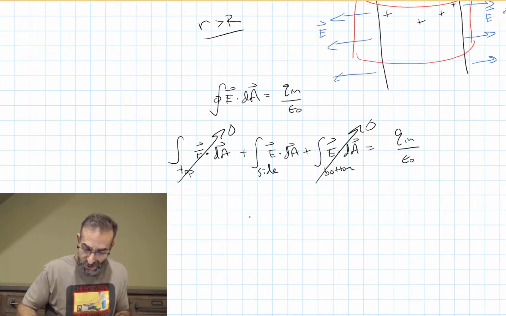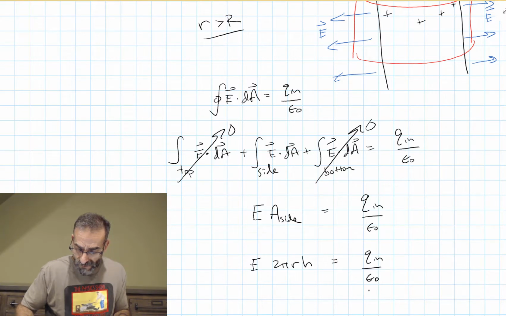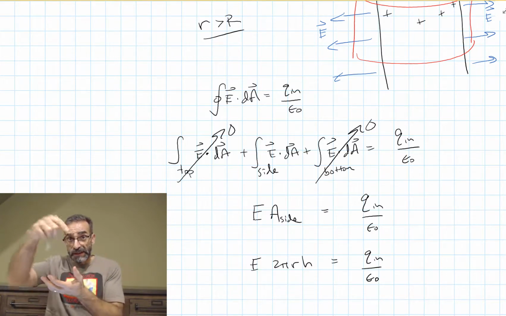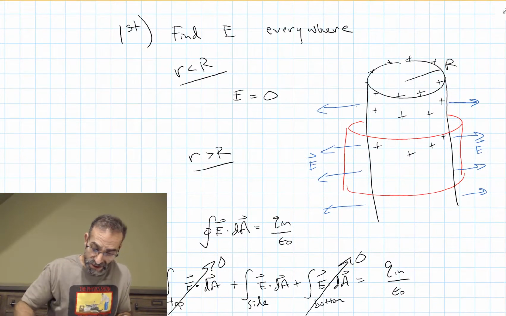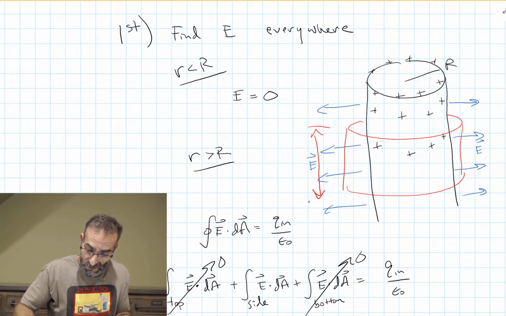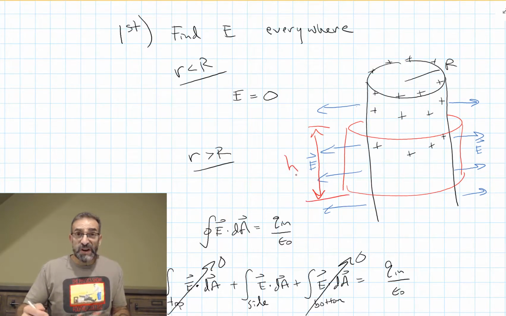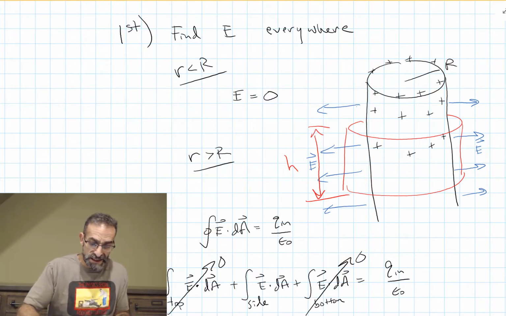The integral over the side gives me E times the area of the side. And the area of a side of a cylinder is 2 pi r, right, the circumference of the circle if you're looking down at the end, times the height h. How much charge is enclosed inside of my Gaussian cylinder?